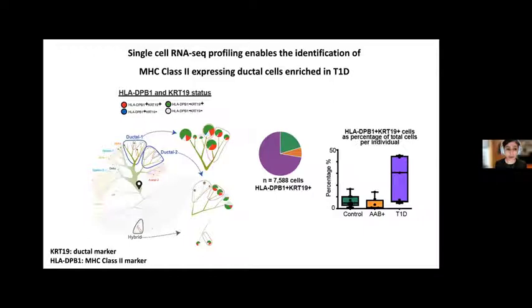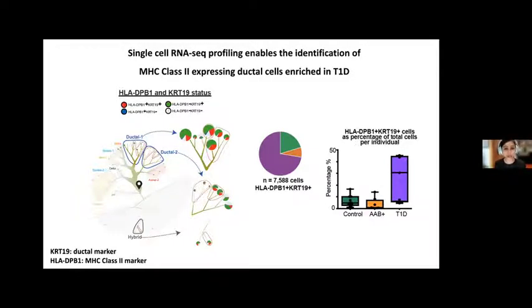Surprisingly, we found that in these islet preps, again, that part is not surprising, because of the impurities, there's always a percentage of ductal and acinar cells that are present. And fortunately for us, we were able to identify that the ductal cells in type 1D donors had really interesting features.